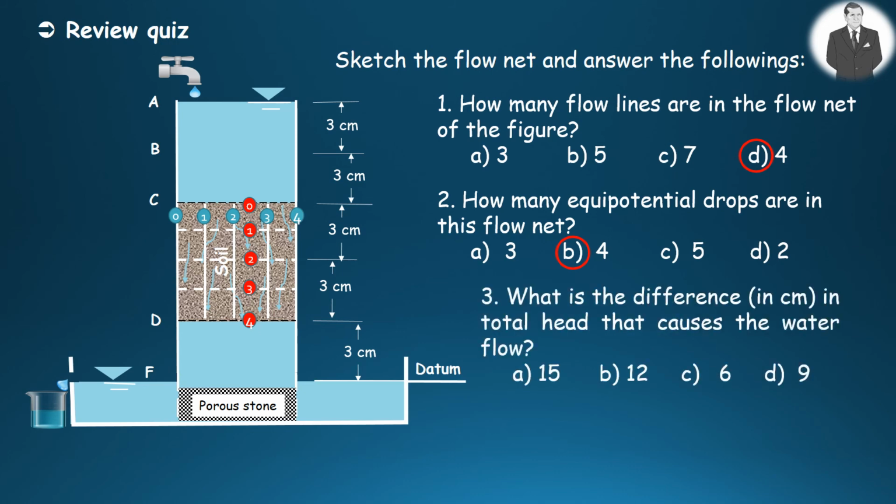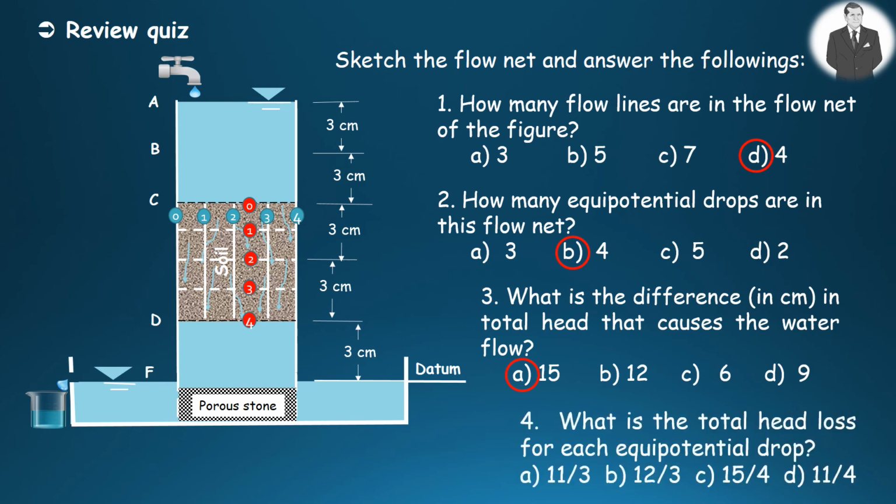Question 3. What is the difference in total head that causes the flow of water? This is easy peasy. The answer is A. Very good. 15 centimeter. Question 4.